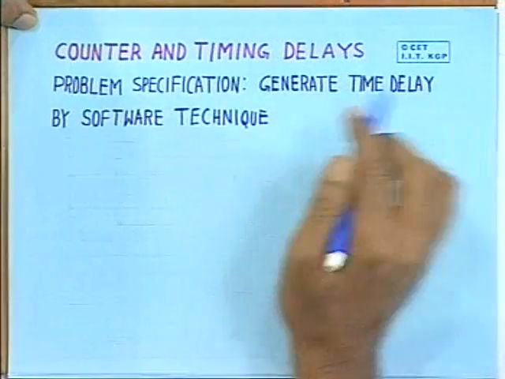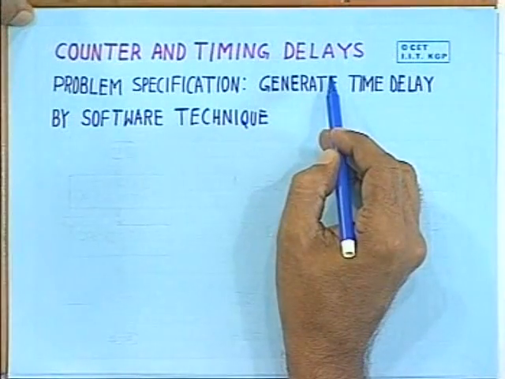Later on we shall discuss one special hardware chip which can be used for generating delay. But there are many situations where delay is generated by software means. So loops can be used to generate delays.